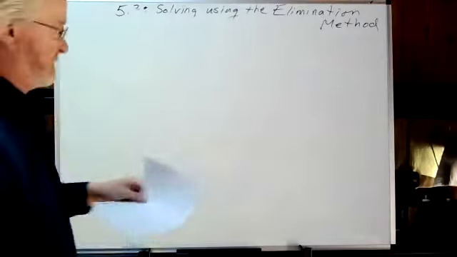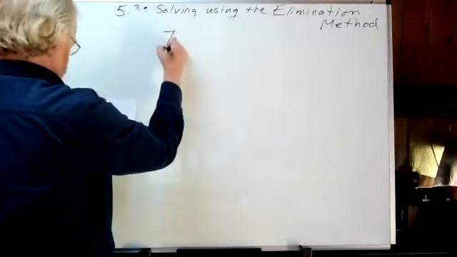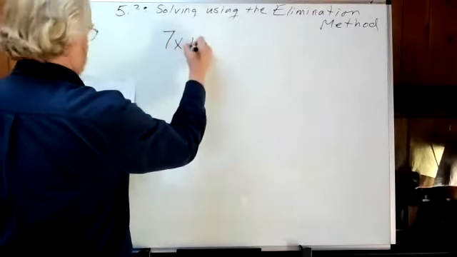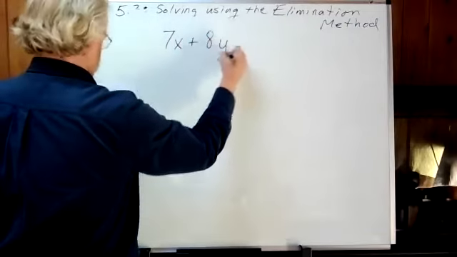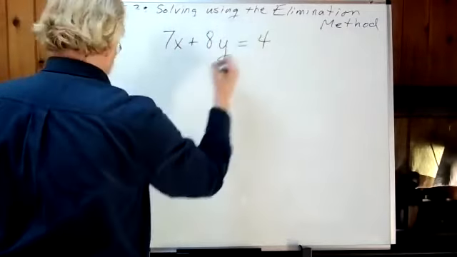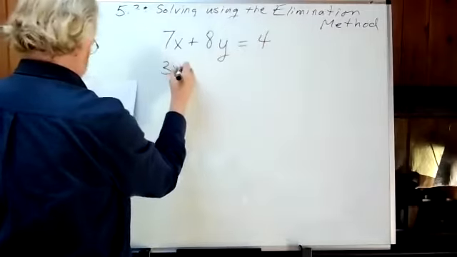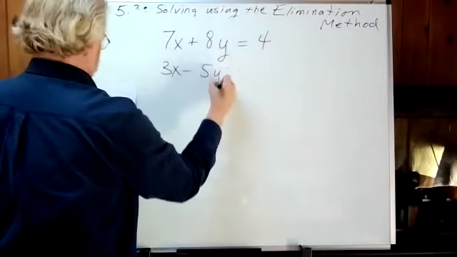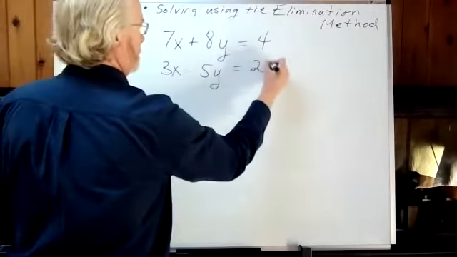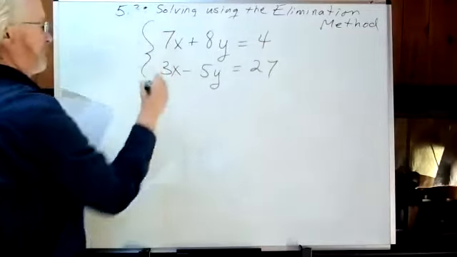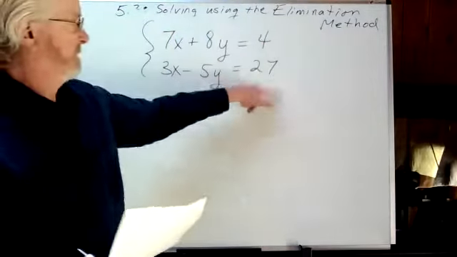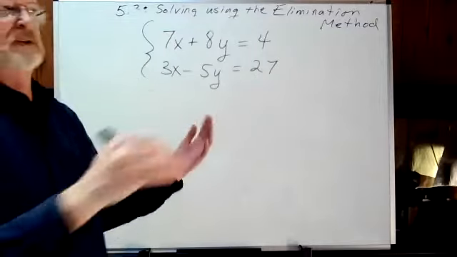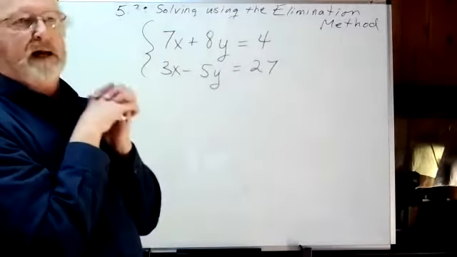Sort of alluded to this, but sometimes you're going to have to multiply both equations. All right. In the very first examples, the numbers are ready to cancel out just by adding them.